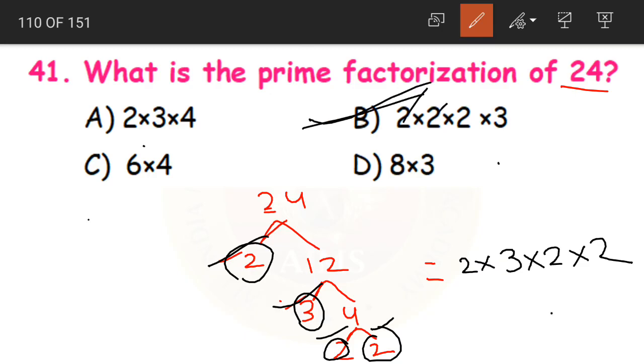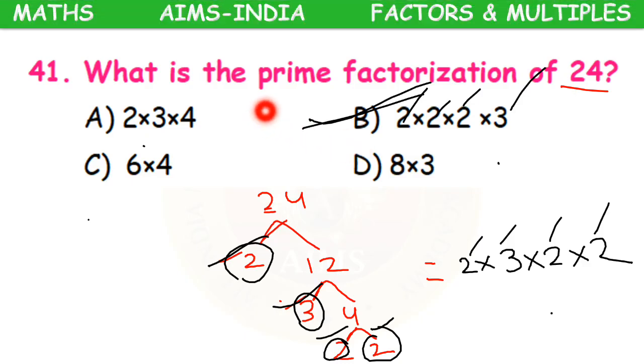Option B. We are having 3 2's and 1 3. That will be our prime factorization of 24. It is clearly mentioned prime factorization. We need to write only the prime factors. We cannot write any composite factors such as 4 or 6 or 8 children.